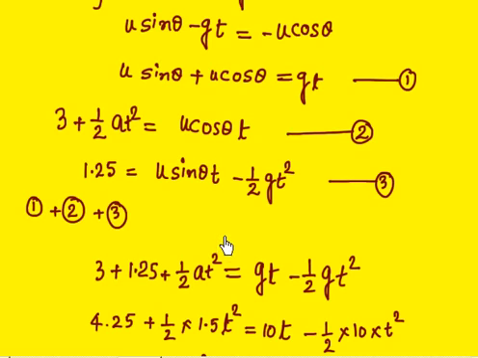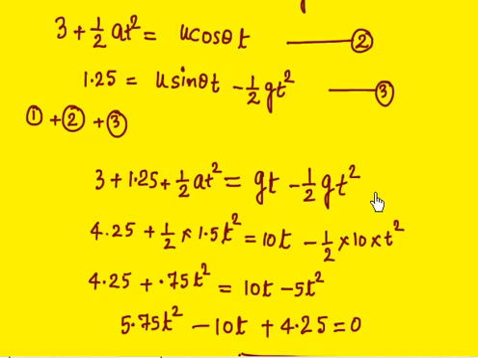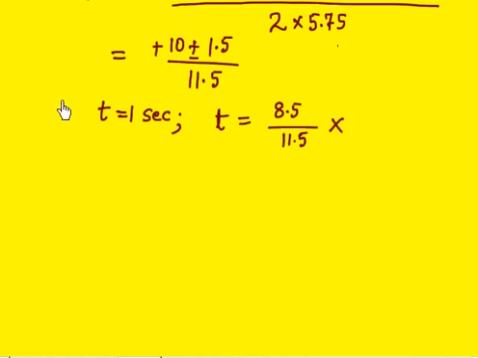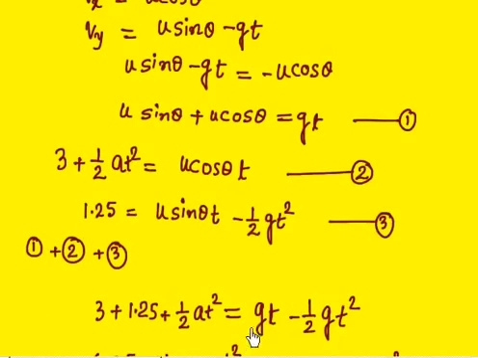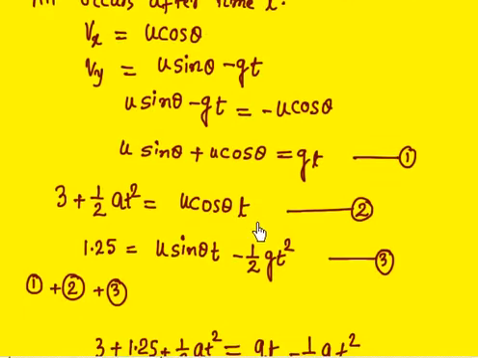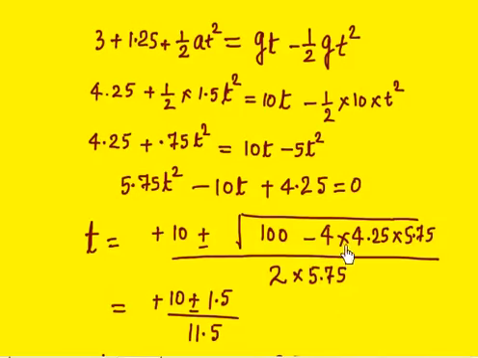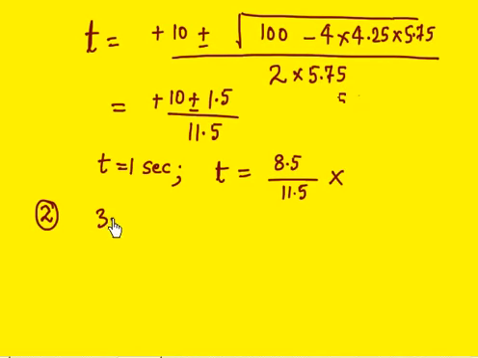So the first equation you have, let us say equation number 2. With t as 1 and a as 1.5, this is 0.75, so 3.75 equals u cos theta into t.